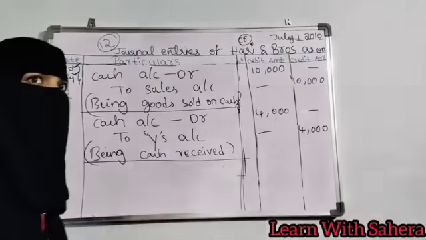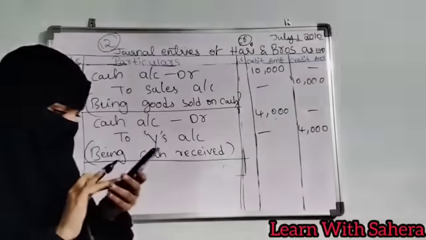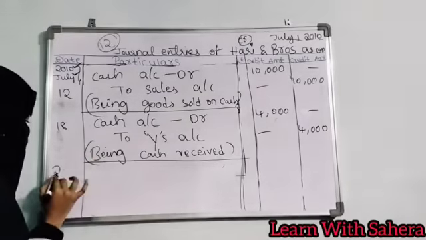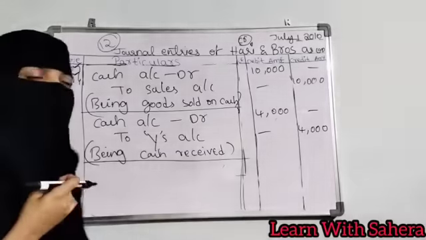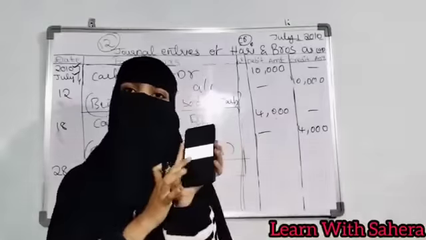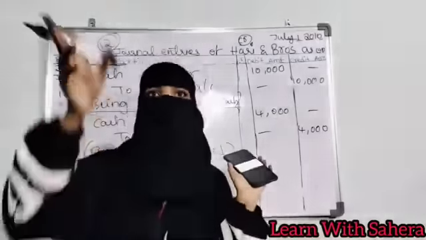Okay, what happened to the light? Okay, let it be. Next, on 28, we have advertisement expenses. So expenses, it has already been given as advertisement expenses, children. Close that light.